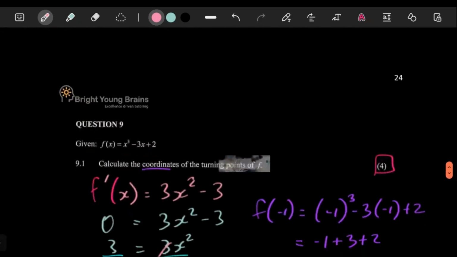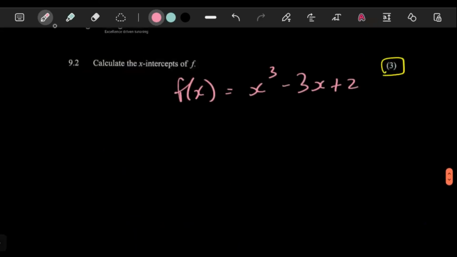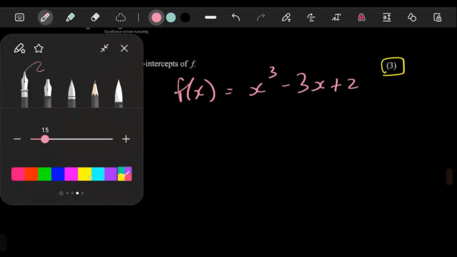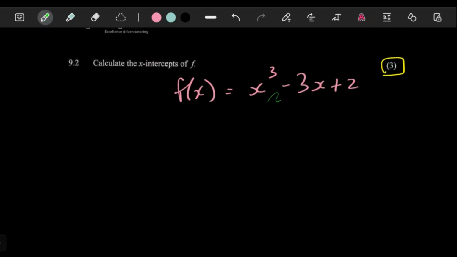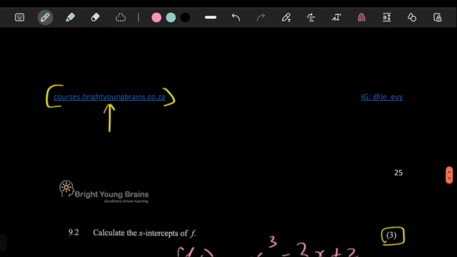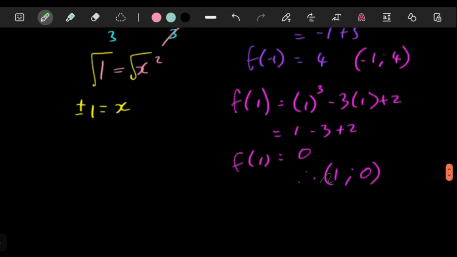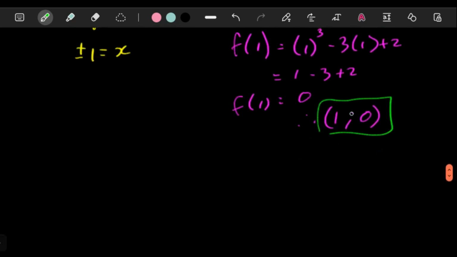Now, before you can factorize here, you need to keep in mind the following. If you're going to solve for x here, you need to find at least one factor. And this is where knowledge of this comes into play, because this is an x-intercept.